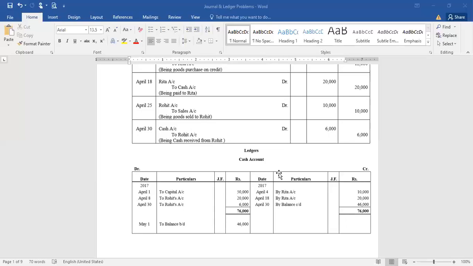While posting to the debit side of an account, the name of the account which is credited in the journal should be written in the particular column. You have to be careful in this aspect.